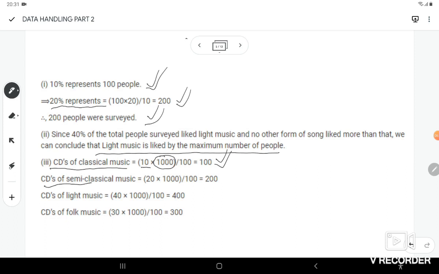Similarly, CDs of semi-classical music is 20%, so 20 divided by 100 into 1000 gives us 200. Next, CDs of light music, which is 40%, so 40 divided by 100 into 1000 gives us 400. And CDs of folk music is 30%, so 30 divided by 100 into 1000 is equal to 300.